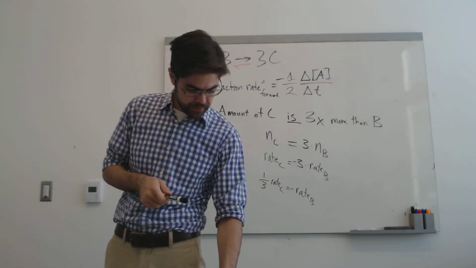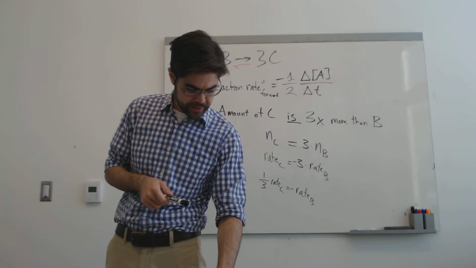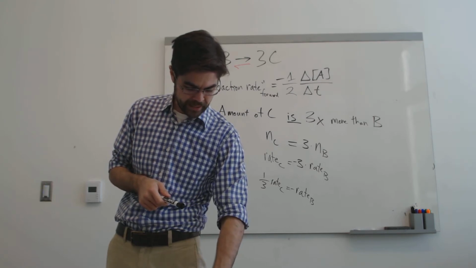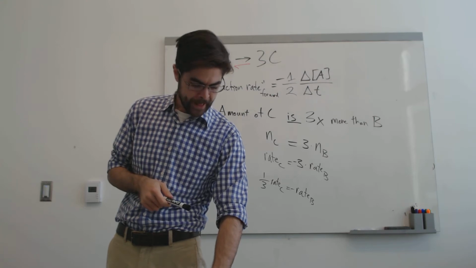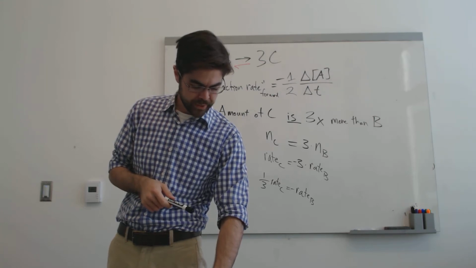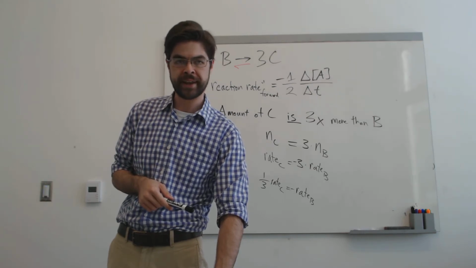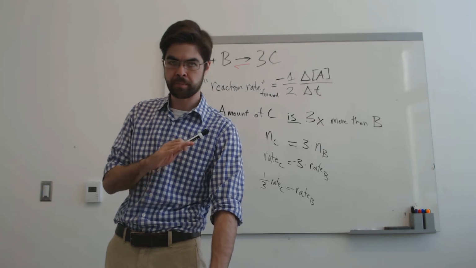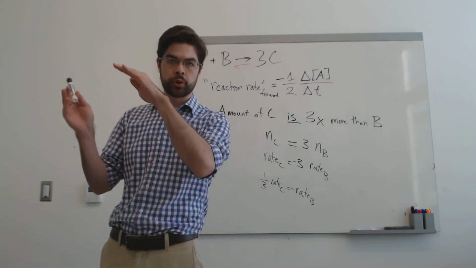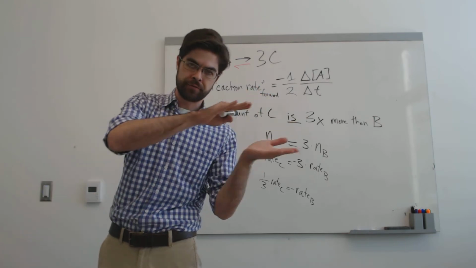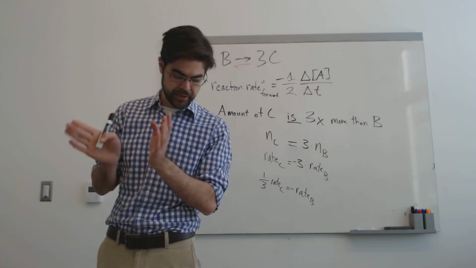Does a positive rate and a negative rate that equal each other mean the reaction is at equilibrium? So here's again when we need to be careful. We usually think of the reaction rate as being positive. So the forward reaction has a certain rate, and the reverse reaction has a certain rate.